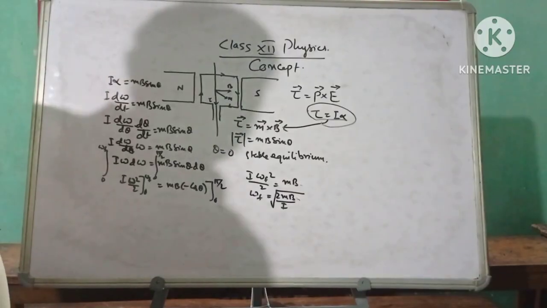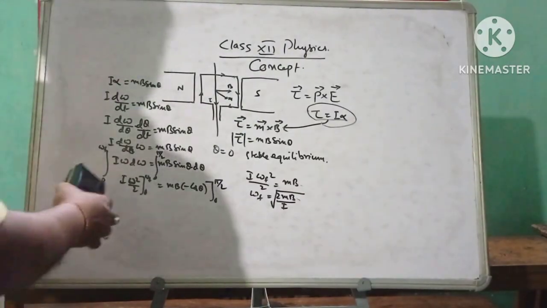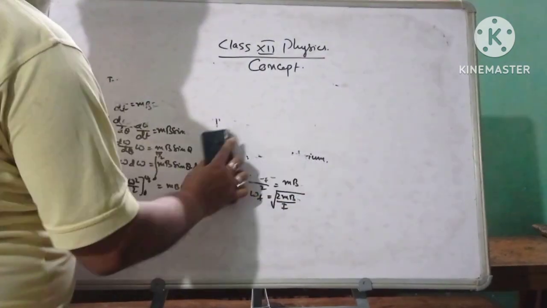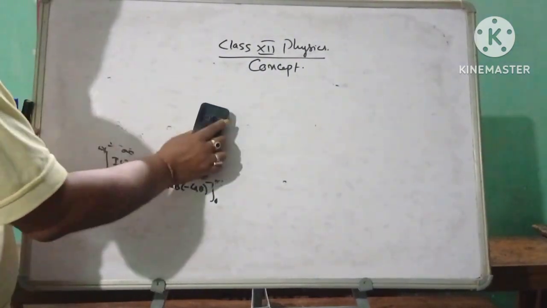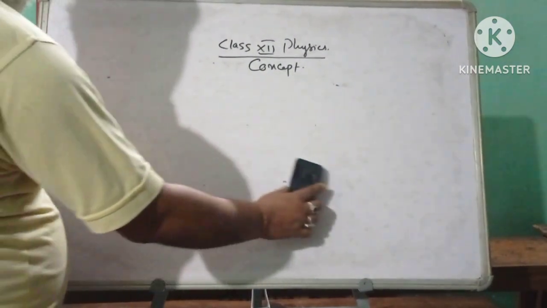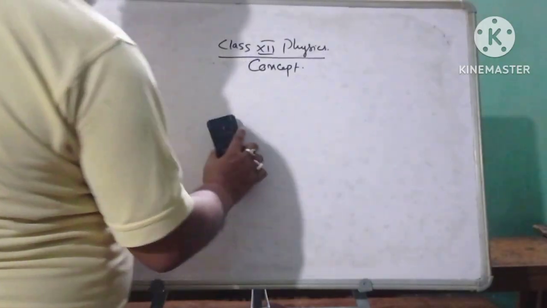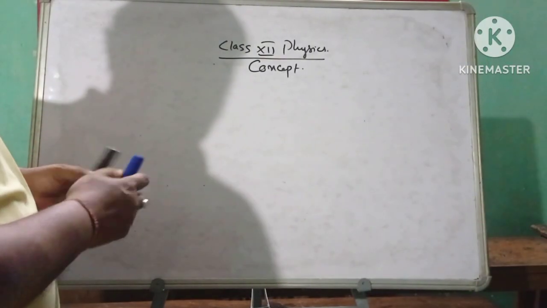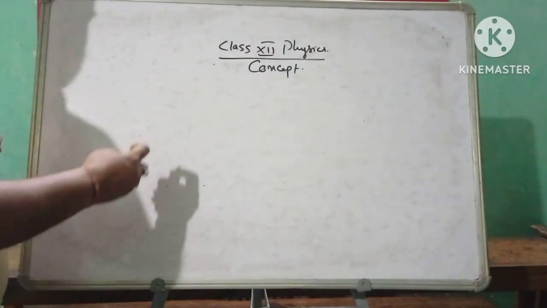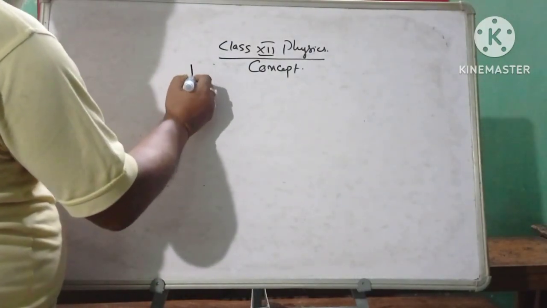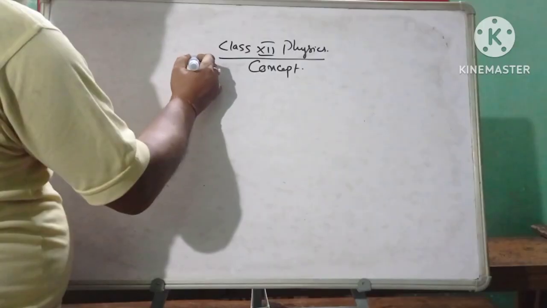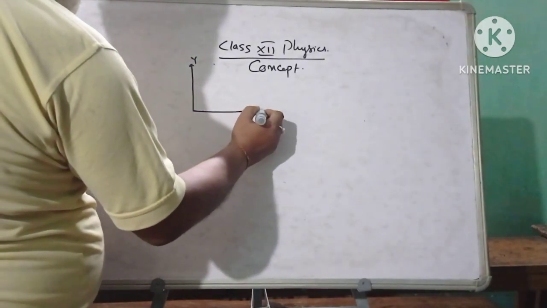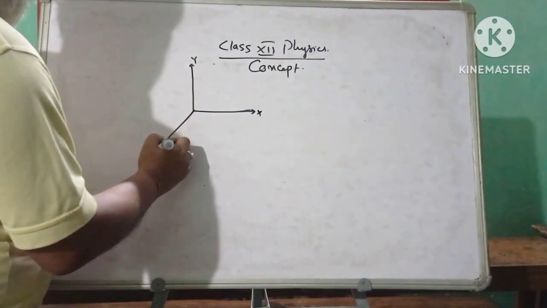Now let us take another question. Let a charge q, just draw, this is the y axis, this is the x axis, and this is the z axis.